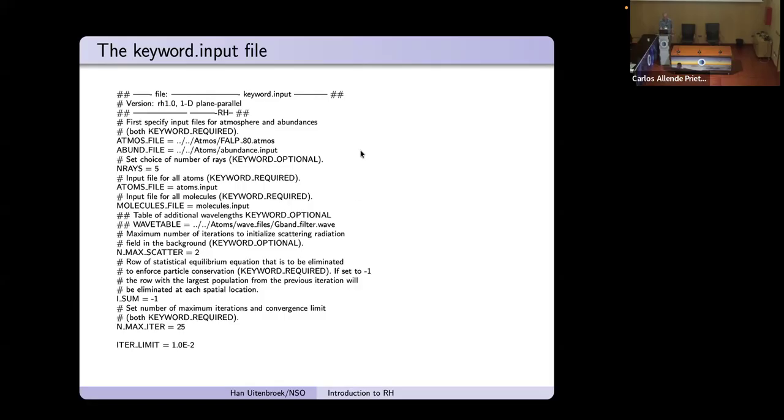If you want to calculate either molecular lines or Kurucz line lists, then you have to specify all the wavelengths that cover those lines, because they're not automatically generated from the .atom files. Then the code does a couple of lambda iterations to get the background scattering.